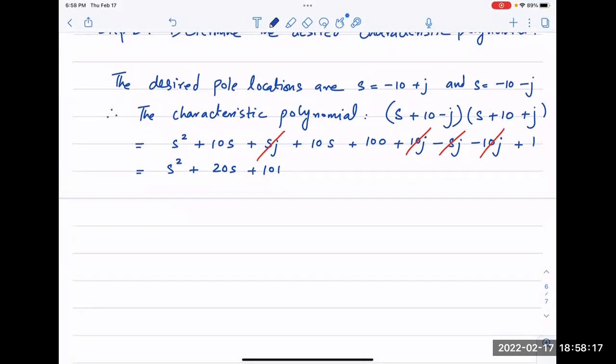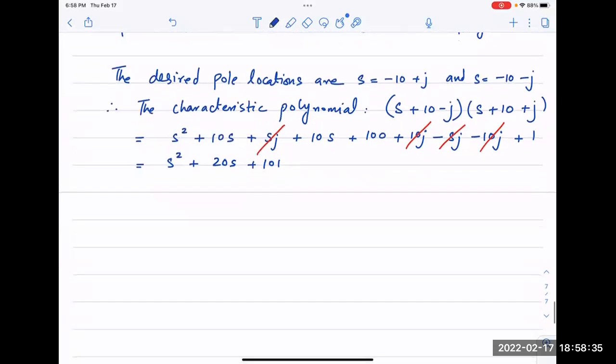Now, by looking at this, again, it is very obvious what the controller canonical form would be.